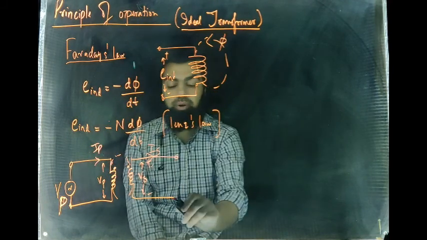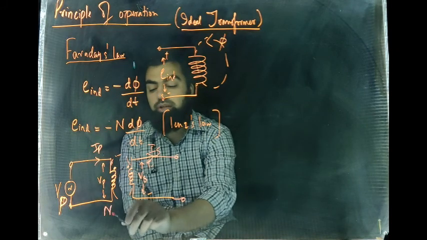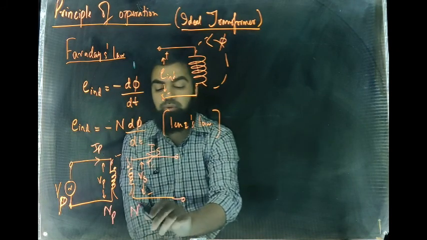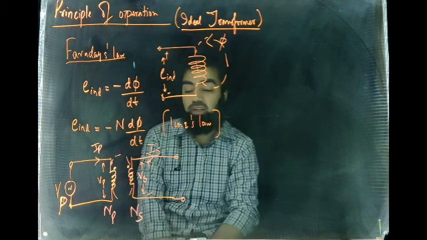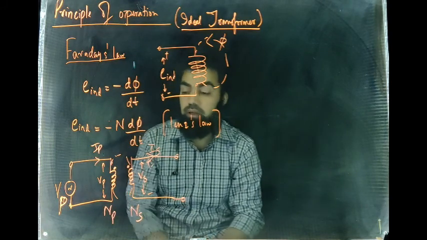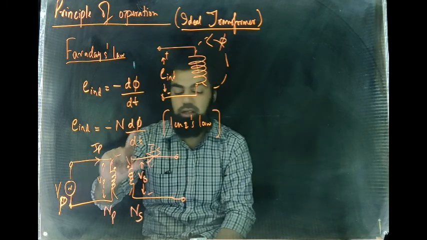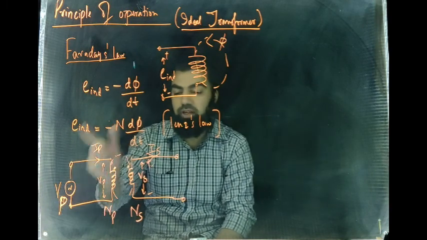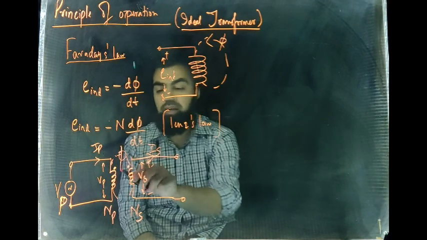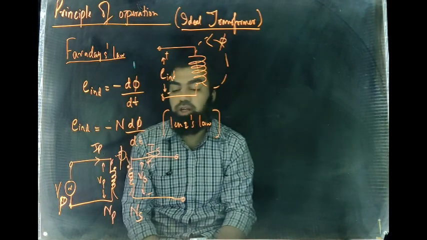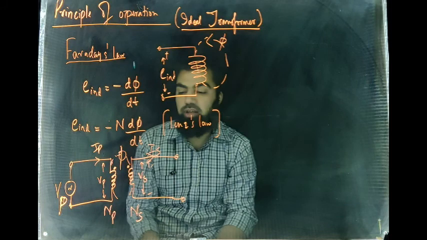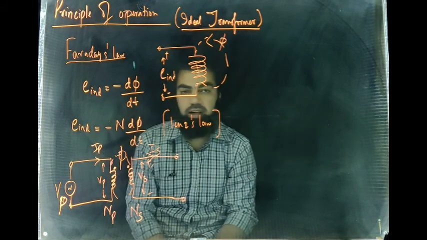And if the number of coils of the primary side is equal to Np, and the number of coils of the secondary side is equal to Ns, the ideal transformer suggests that Vp will be available at the ends of the primary winding, which will produce a flux phi that will cut through the secondary coils. It is a time varying flux produced because of the time varying voltage.